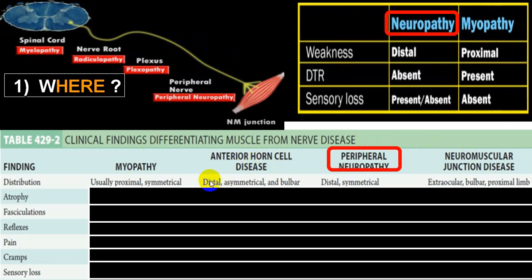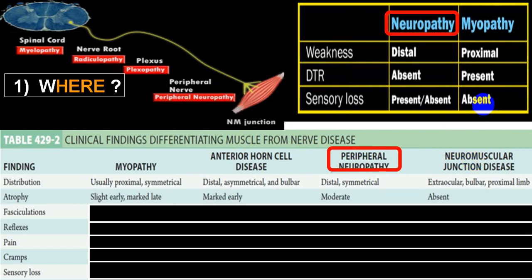It will be more distal. In myopathy, it will be more proximal and symmetrical. While in neuropathy, it will be symmetrical and distal involvement. While in neuromuscular junction, a single group of muscle will be involved, like extraocular muscle, bulbar muscle, pharyngeal muscle, etc. It is again more proximal.